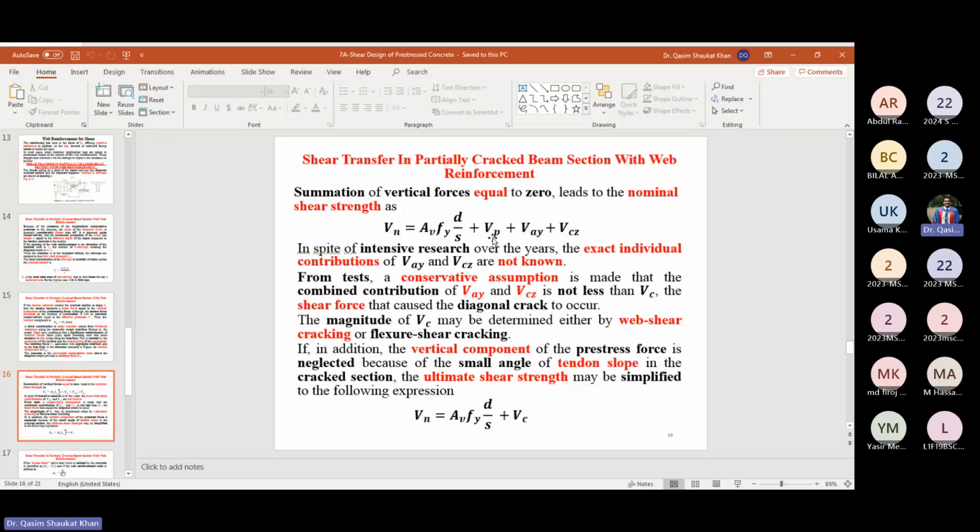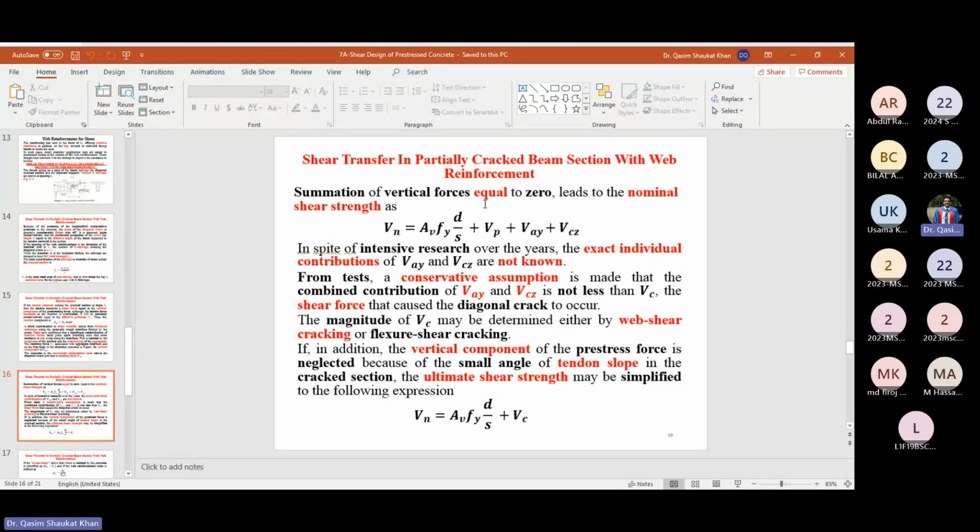Then the contribution of the aggregate interlock and the slip surface, this is VAY, and this is the contribution of the uncracked compression zone above the crack. The contribution of the concrete compression zone above the crack.